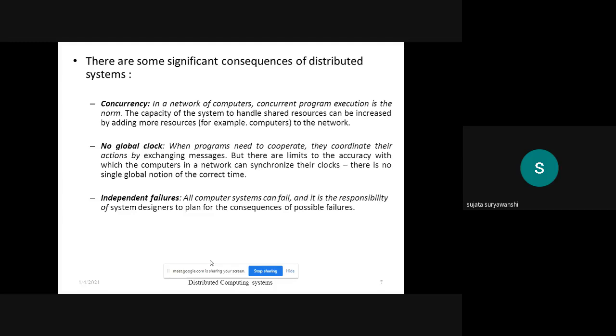Whenever a programmer or system developer wants to design a distributed system, they should know all these consequences. If one of the systems fails, how that failure will be overcome is a consequence to be considered by the system designer.